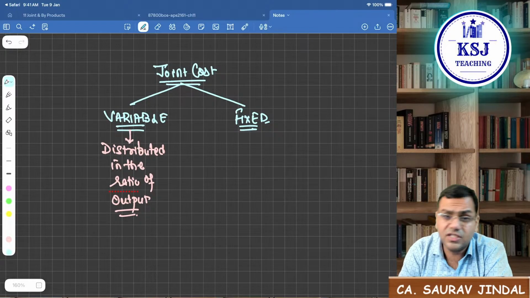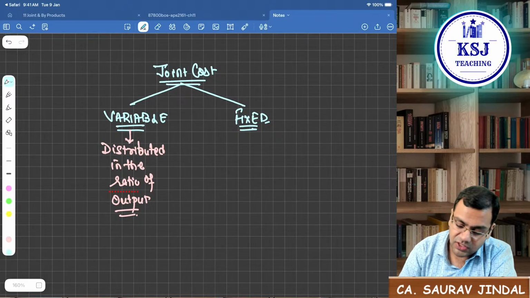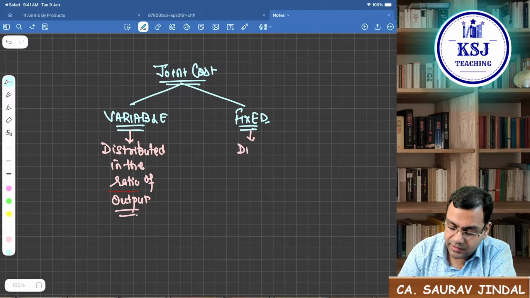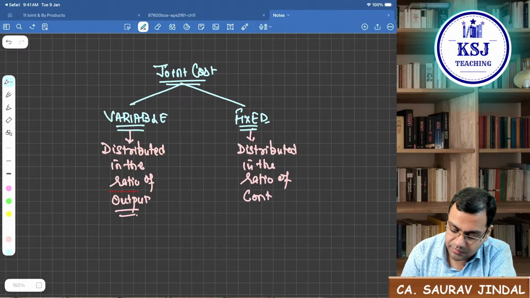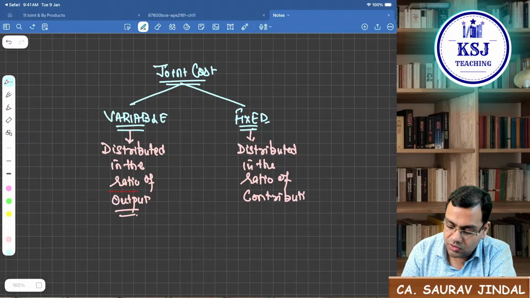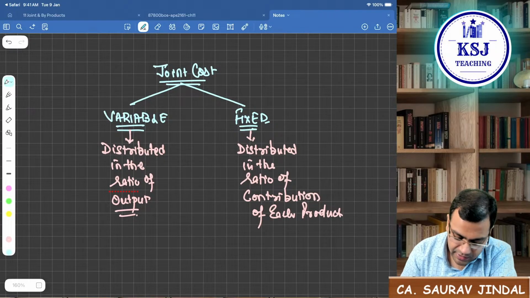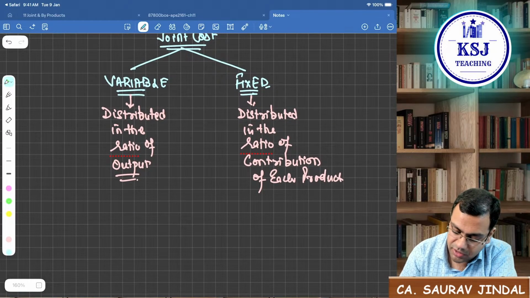Sir, what about the fixed cost then? The fixed cost is to be distributed in the ratio of contribution of each product. Now, Sirji, what is contribution?